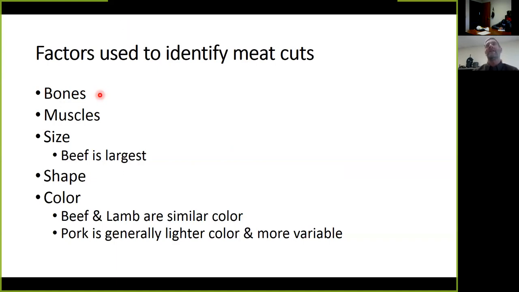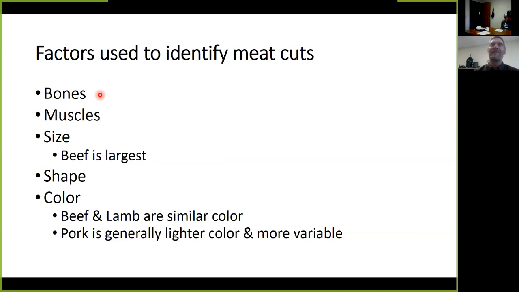If you can identify what bones are in the cut, that's going to tell you where the cut comes from, because we're going to look at the skeletal structure of beef, pork, and lamb carcasses. And then that's going to give us a really good clue as to what part of the carcass that comes from. Now, for boneless cuts, of course, the bones don't help us much.